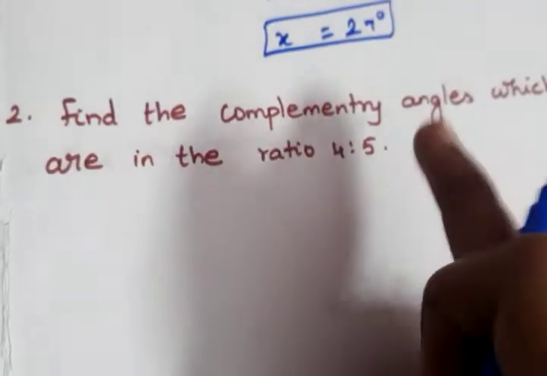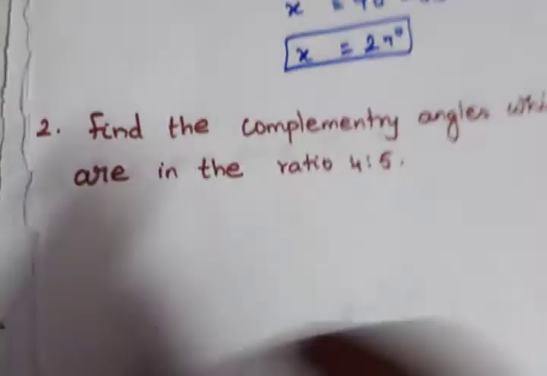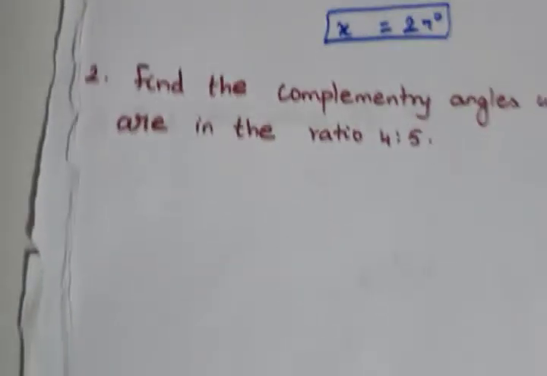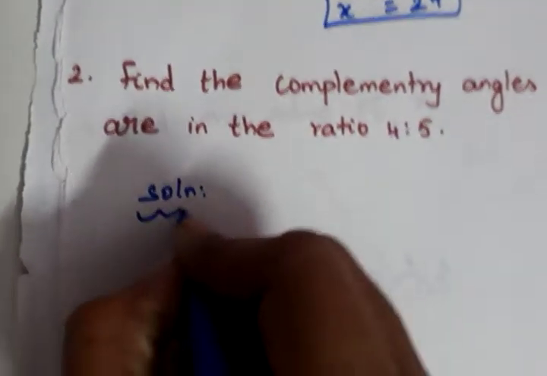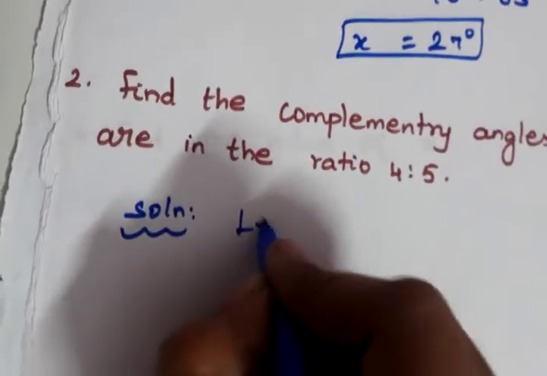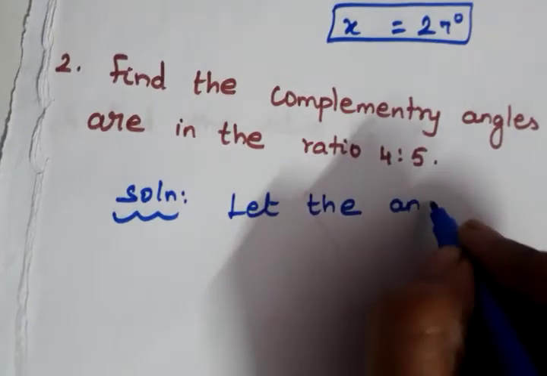Next one is find the complementary angles which are in the ratio 4:5. Okay. So solutions. Let the angles be 4x and 5x.